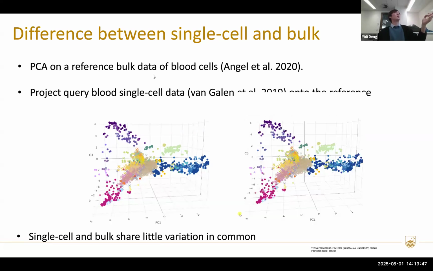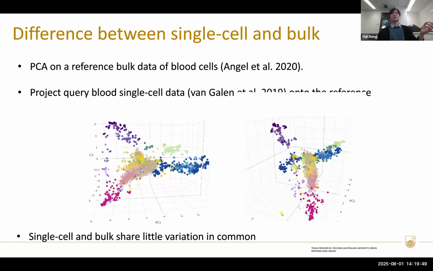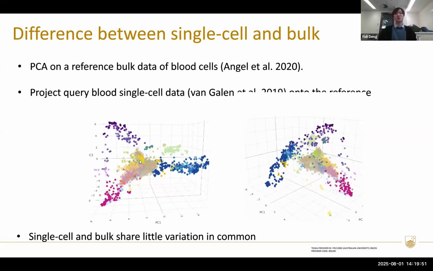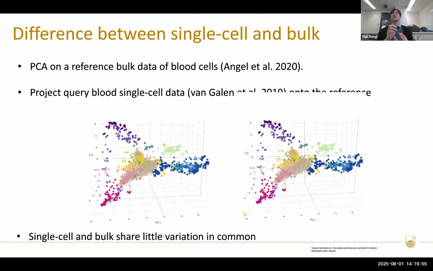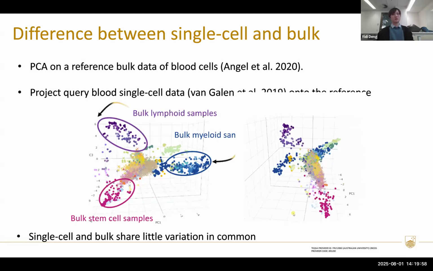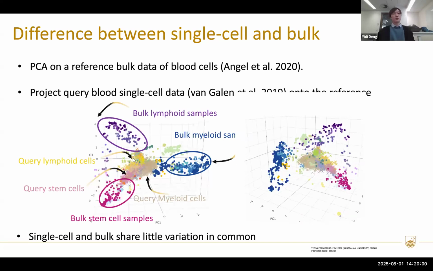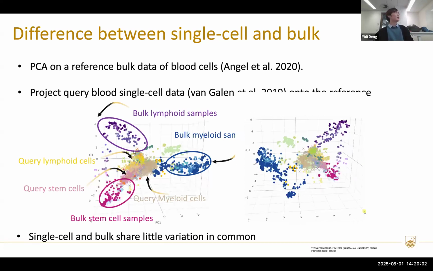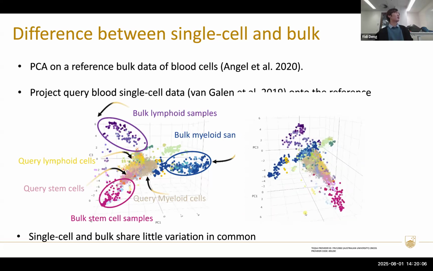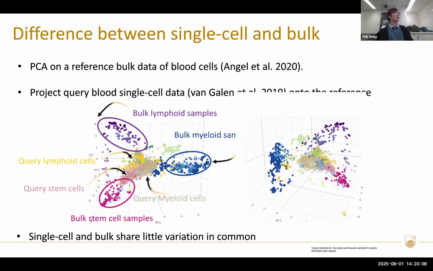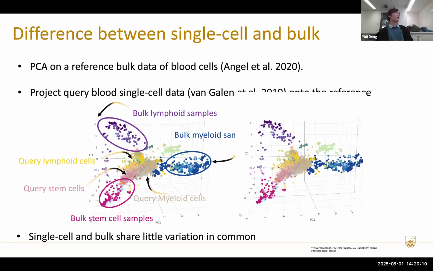We projected this AML single cell data set onto the PCA of the blood cell reference. You can see in this projection, the projected single cells, marked as crosses, are clustered at the middle of the atlas. However, the cell type directions, for example, here are the lymphoid cells of the reference, here are the myeloid cells of the reference, and here are the myeloid cells of the query.